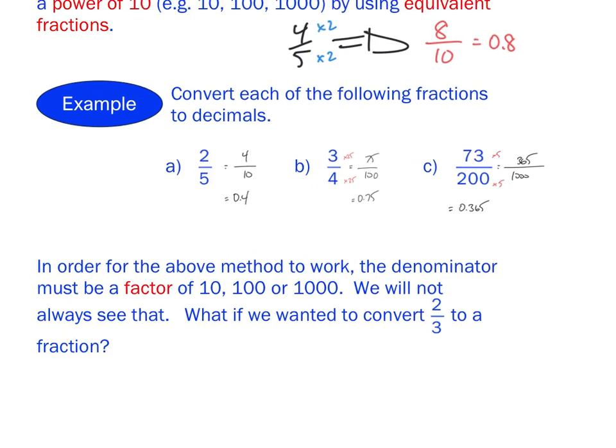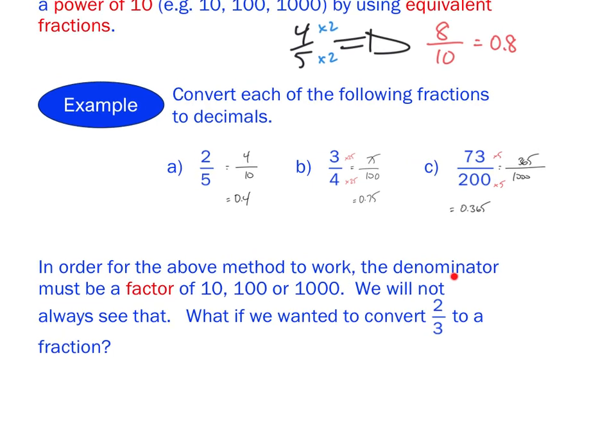So in order for this method to work, the denominator, the bottom number, has to be a factor of either 10, 100, or 1,000, which means it has to divide into 10, 100, or 1,000. We will not always see that.